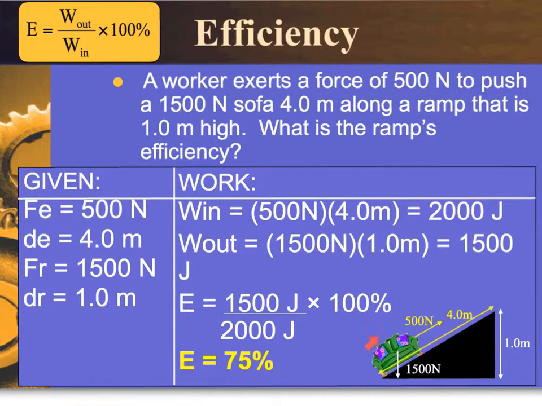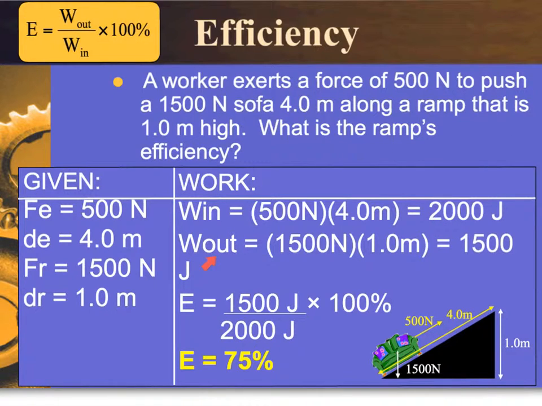Now here we have this diagrammed out, and many times diagrams are helpful. So we have our effort force, our effort distance, our resistant force, our resistant distance. So we will calculate our effort work or work input. 500 newtons times 4 meters, we will get 2000 joules.